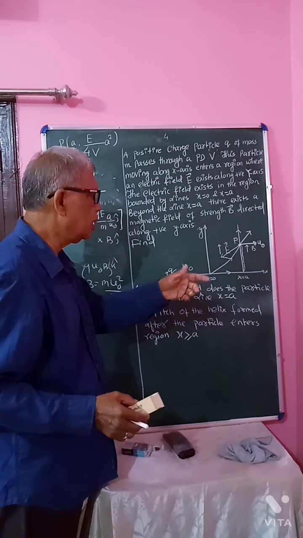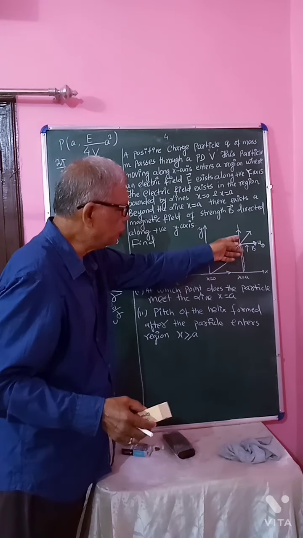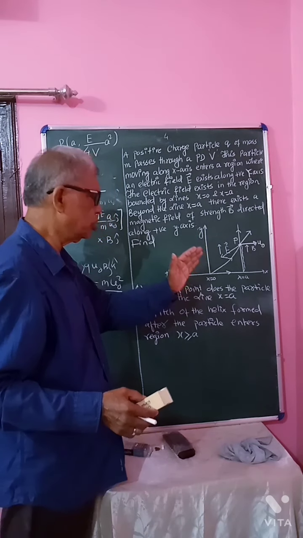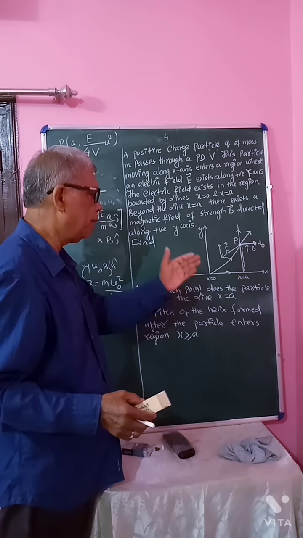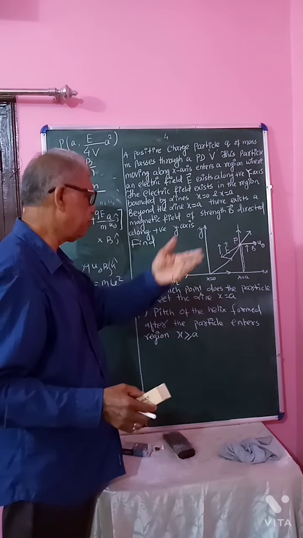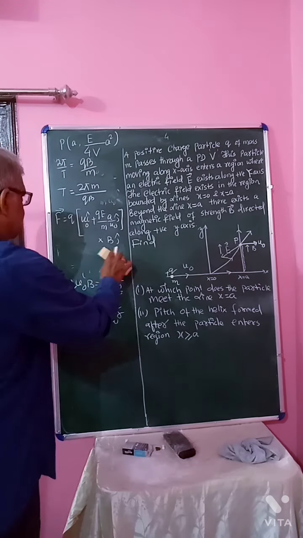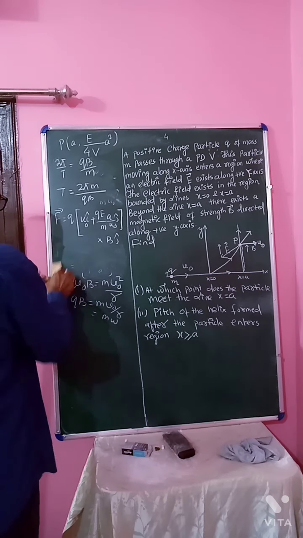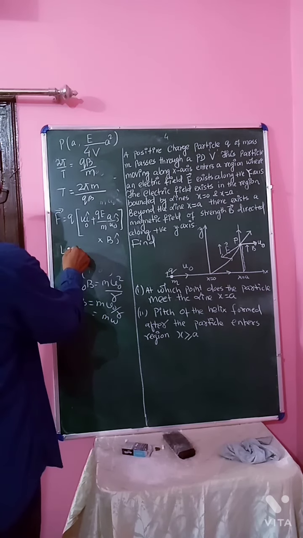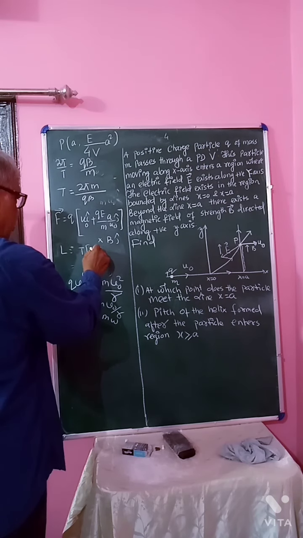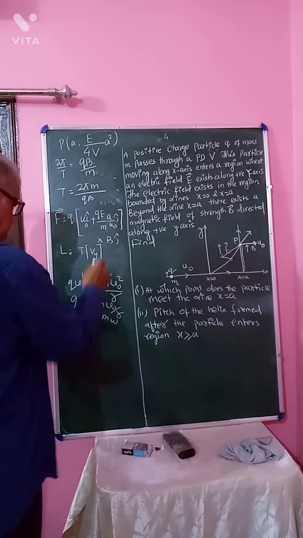That is, the vertical component of motion is uniform. So vertical component of motion, that is vertical velocity, multiplied by the time period gives you the pitch. So say L is the pitch, it is equal to time period into vertical component of motion, say Vy or Uy, whatever it is called.